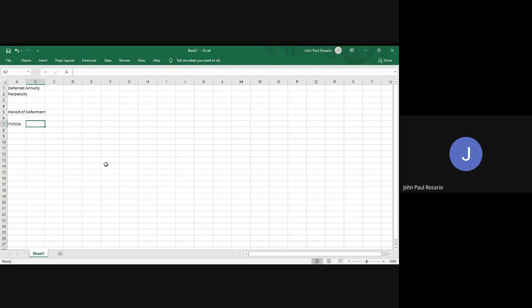So that is payment times 1 plus I raised to the power of n, minus 1, over I.